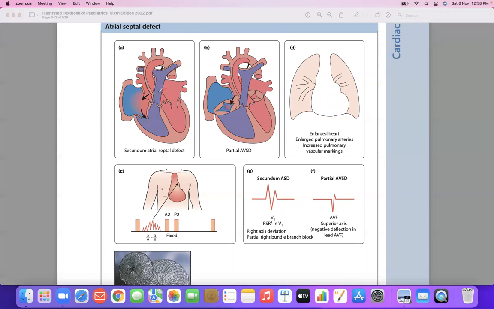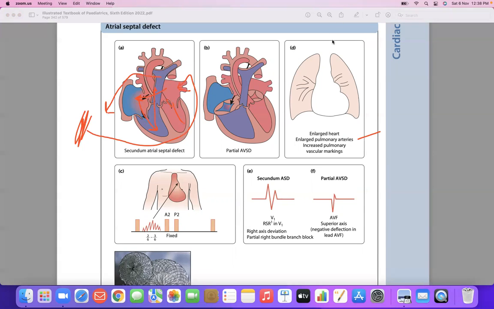Whenever there is a left to right shunt, more blood is entering the right atrium, so more blood is entering the right ventricle, so more is entering the pulmonary artery. So you will have enlarged pulmonary arteries. More blood will go into the lungs, so increased pulmonary markings. Again, more blood will enter back through the pulmonary veins to the left heart.